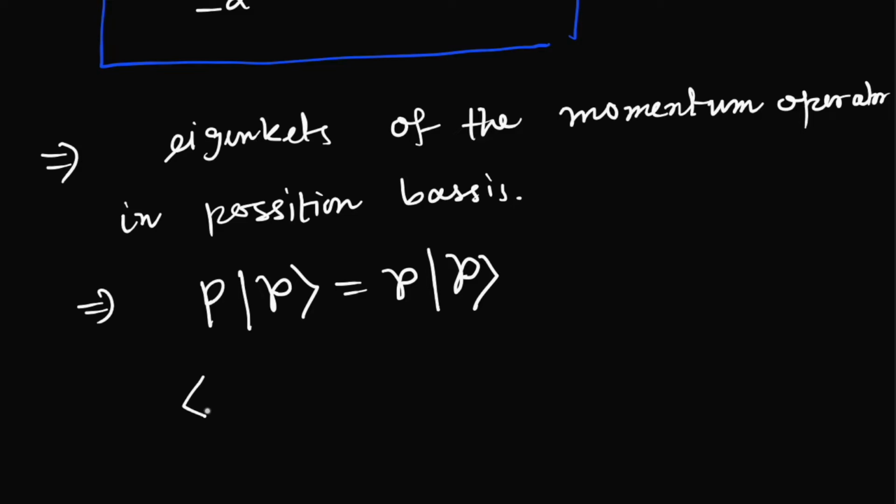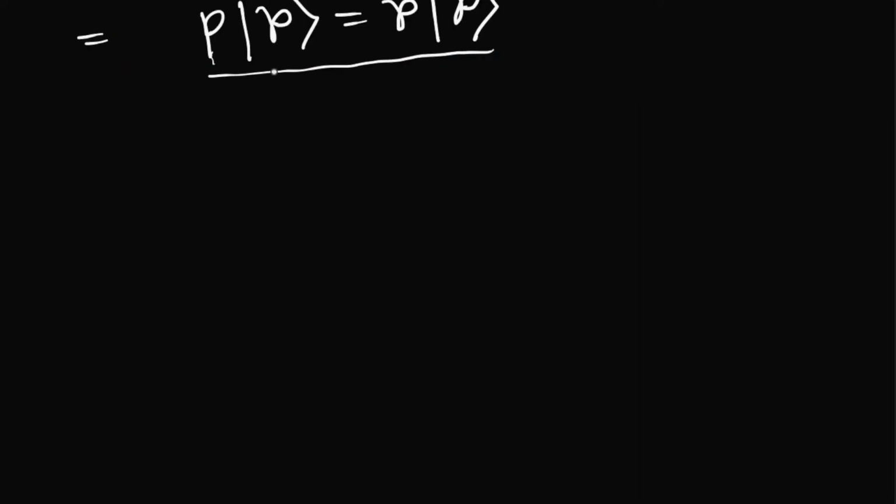Then what is the representation or the wave function of the eigenket of the momentum operator? So this |p⟩ is the eigenket of the momentum operator, that means P|p⟩ is equal to p|p⟩.